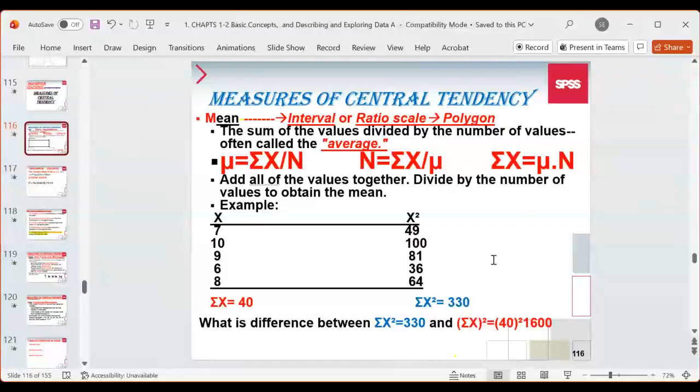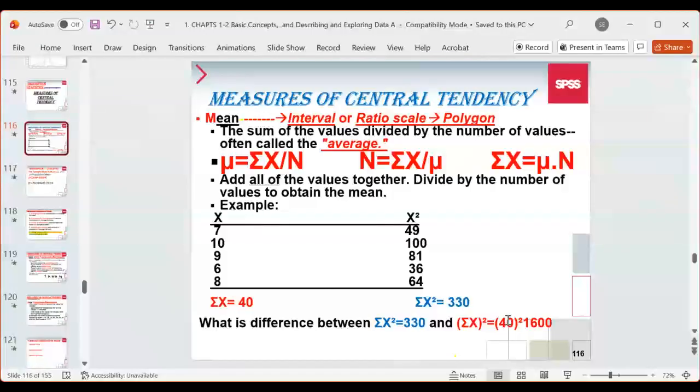And then in your quiz one, you will get some numbers like this, right? And then it says, what is sum of X? So you add them up. And then it says, what is sum of X squared? That means you square your numbers and then add them up. So you square the 7, 49, square the 10, 100, square the 9, square the 6, square the 8.